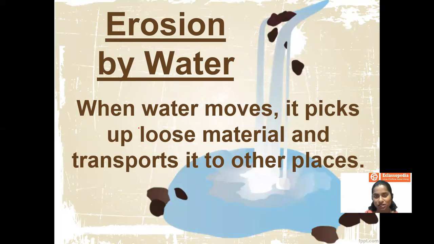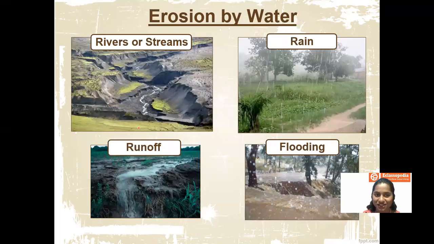Whenever they lose energy, they just deposit at that place. So erosion is nothing but transportation. So the moving water in the rivers, rain, floods, and runoff water can carry the sediment and deposit it at some place when they lose their energy.